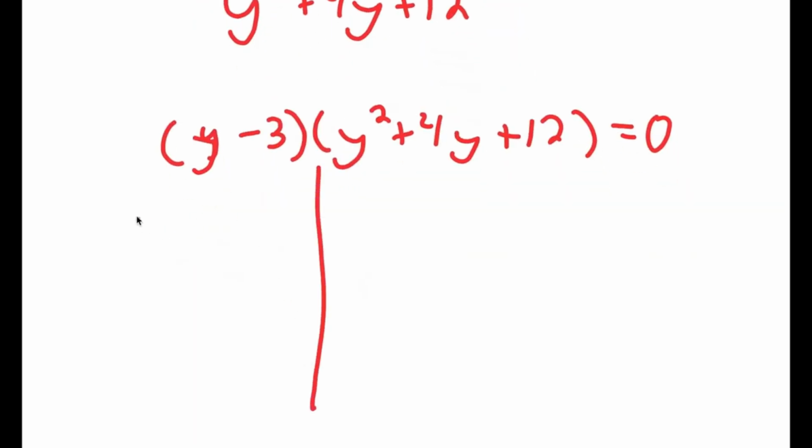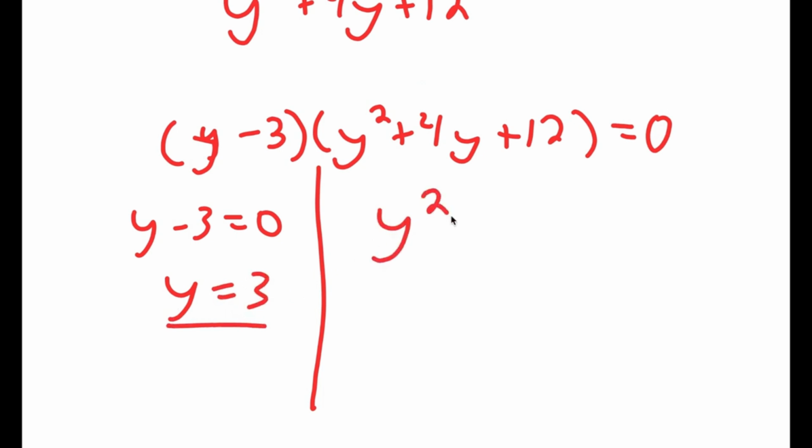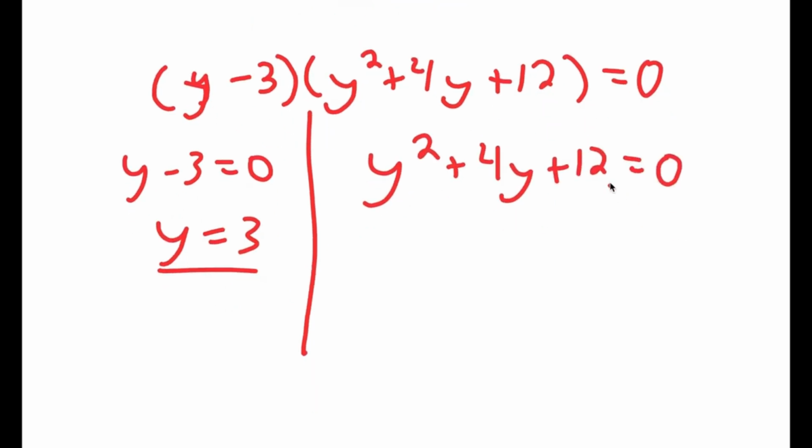So now this gives me two equations. I get y minus 3 is equal to 0, meaning y equals 3, and we already know this. And I get y squared plus 4y plus 12 is equal to 0.